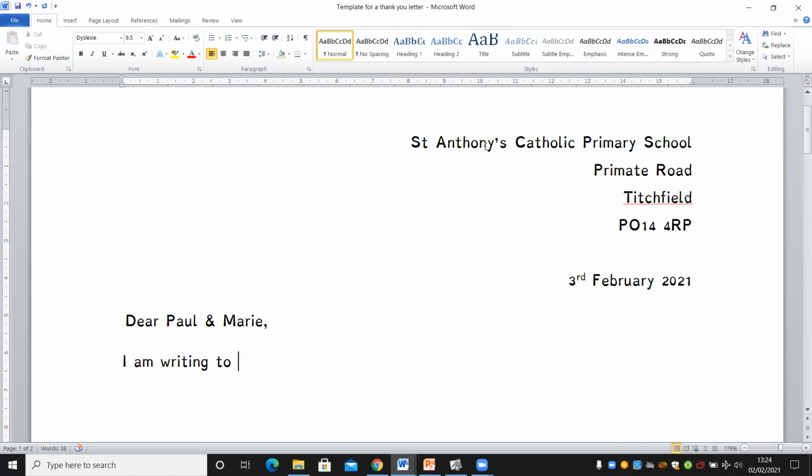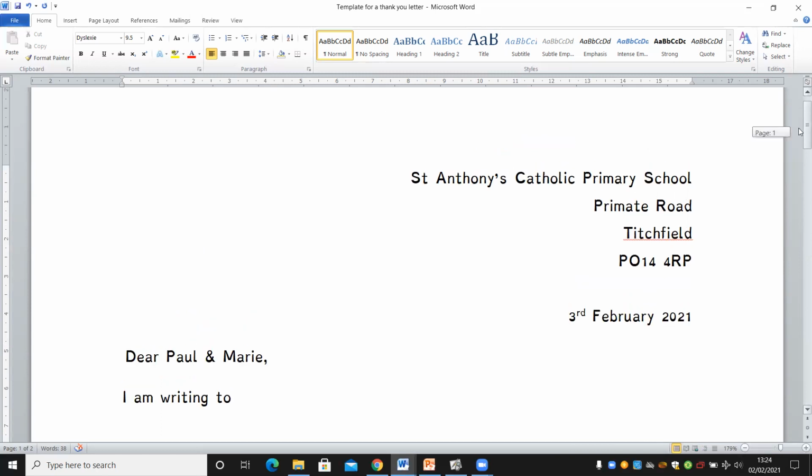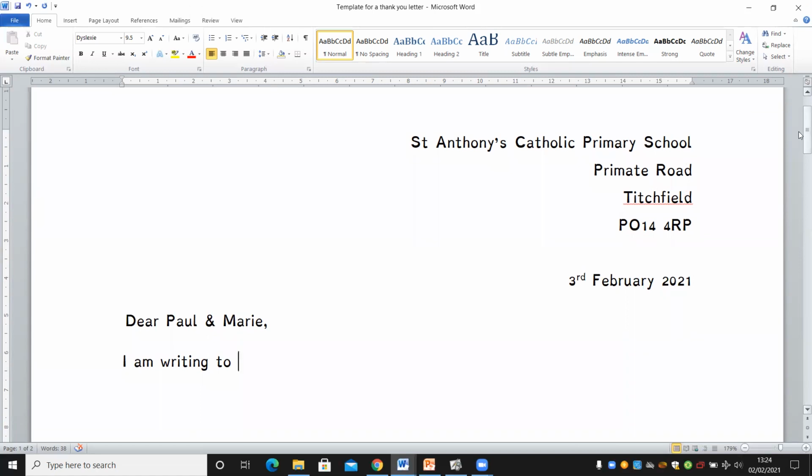And because we are writing as pupils at St. Anthony's School, we are going to be writing the St. Anthony's address. Also, because we want to keep our privacy, we don't want to be giving out our private addresses to other people unless it's necessary. So we are going to be using our St. Anthony's address for this letter.